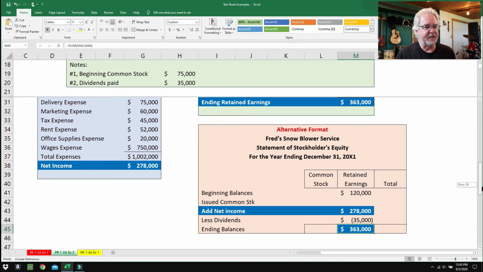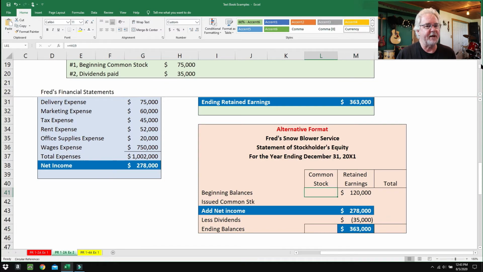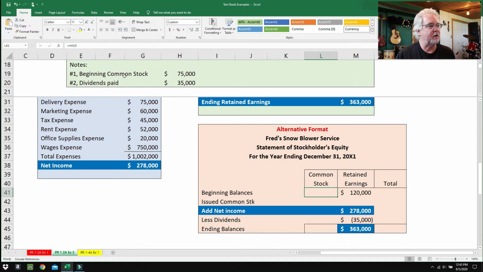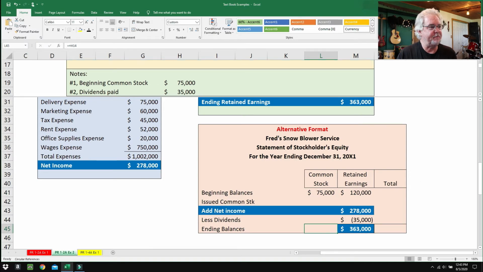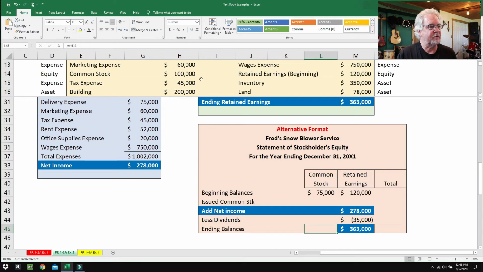So let's fill in the other columns here. Now, common stock, the beginning balance for common stock, we can get from this information. It's up here. Beginning common stock, $75,000. So let's put that in here. There we go. And the ending balance of common stock comes right off of here, 100,000.